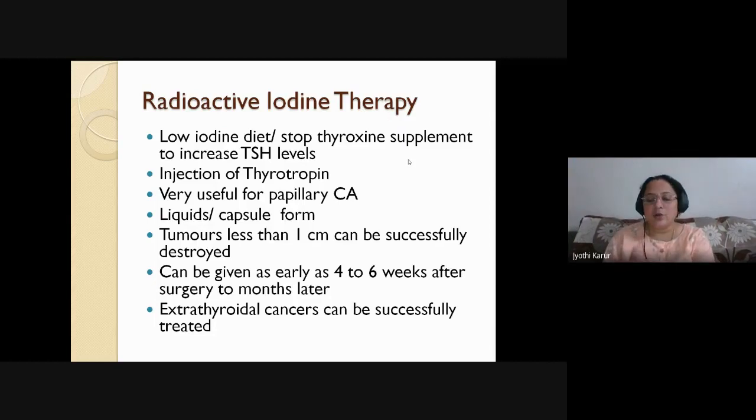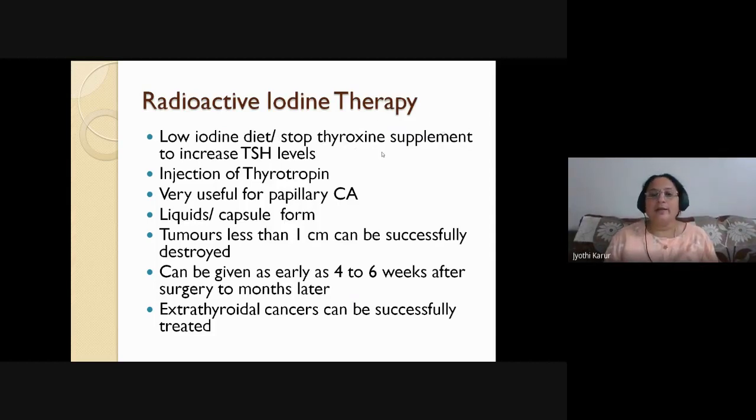You need to instruct the patient. One is a low iodine diet. The main idea is you have to increase the TSH levels. How to increase the TSH levels? By low iodine. The TSH levels will start increasing so that the thyroid tissue will become more susceptible to this radioactive iodine therapy. So you are going to starve the gland of iodine. You are not giving iodine, or you have to stop the thyroxine supplement.